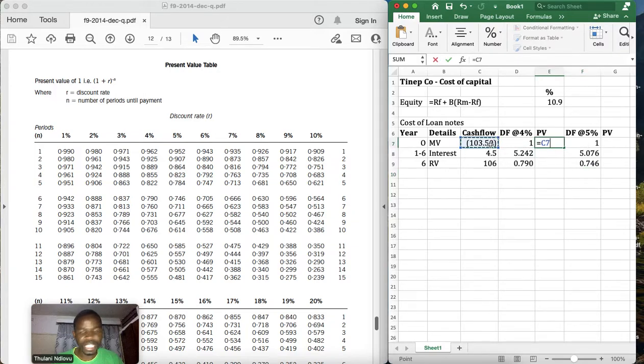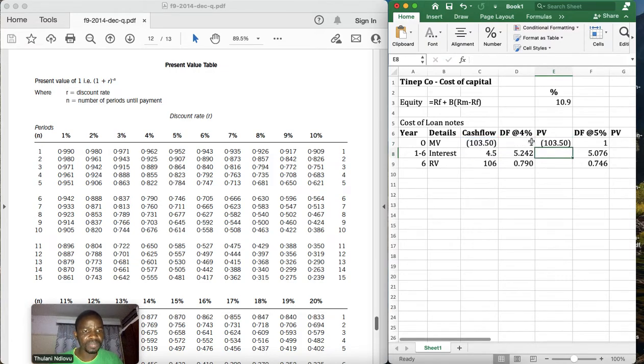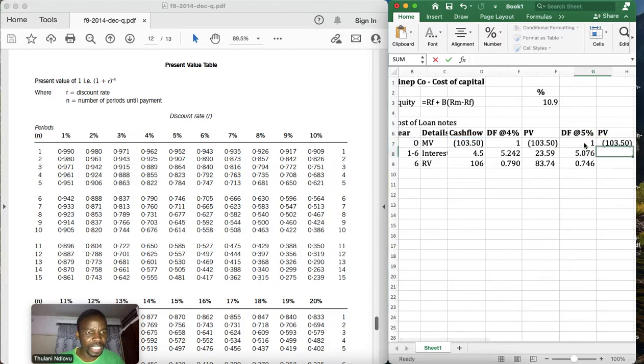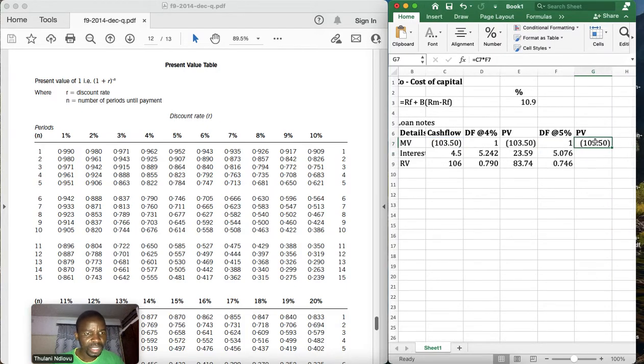Then we do the multiplication. We say cash flow multiplied by the discount factor. We get that figure. We drag the formula down. Then we also say here, cash flow multiplied by the discount factor, and we drag the formula down.